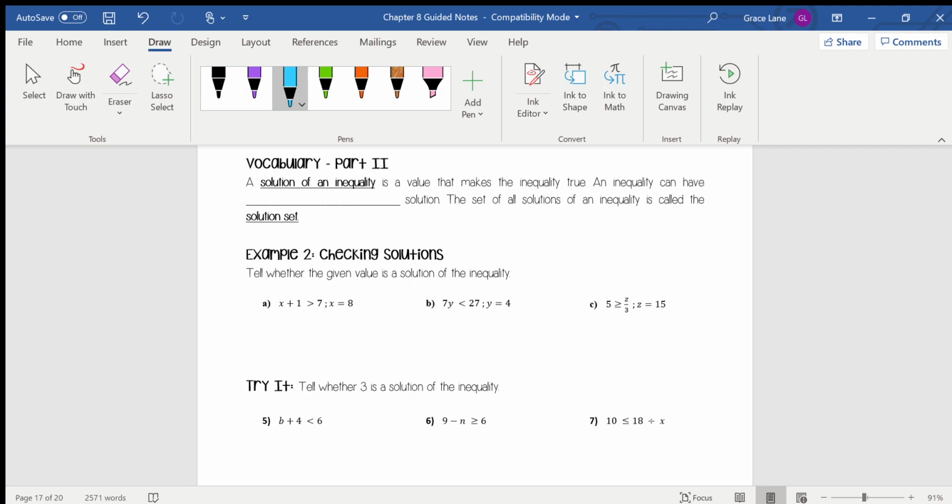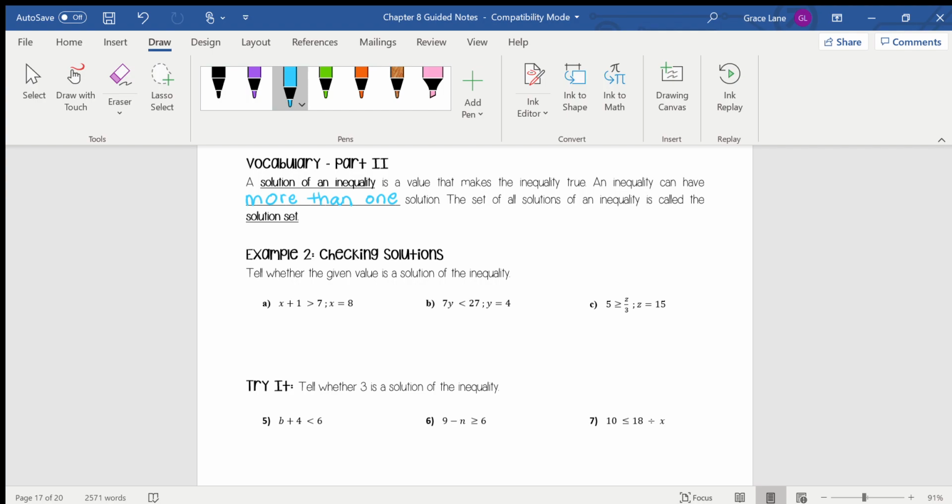But an inequality can have multiple answers, and you'll kind of see that in a minute, but the vocabulary here is what I just said. A solution of an inequality is a value that makes the inequality true. An inequality can have more than one solution. The set of all solutions in an inequality is called the solution set.